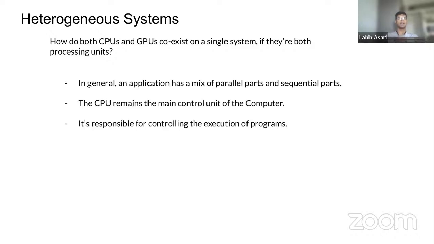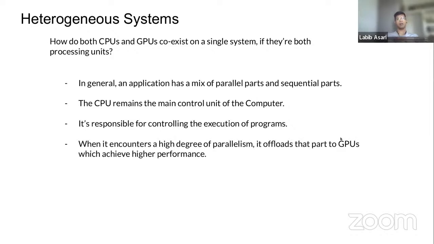So what we do is we let the CPU remain the brain of the computer. It is responsible for doing all of the things that it used to do previously. However, whenever we encounter parallel tasks where each operation is independent of the others, we offload those tasks to the GPU, because we know that GPUs will perform extremely well compared to CPUs when the tasks are parallel.